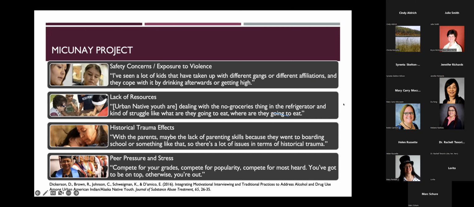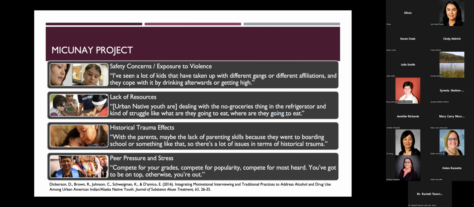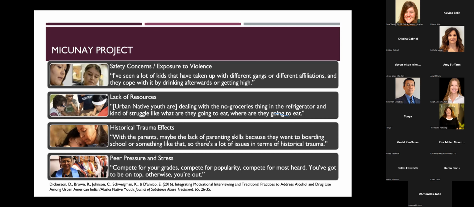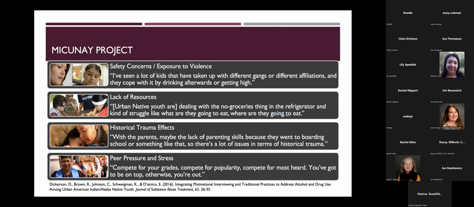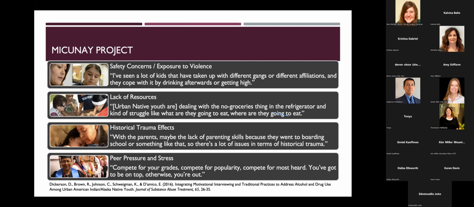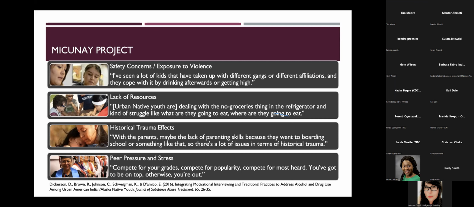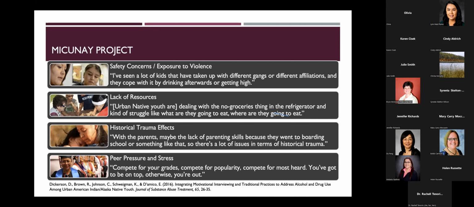And finally, the kids also reported feeling the typical pressures of school and grade concerns, stress about popularity, and also competition within their peer settings. And so this is an example of some mixed methods approaches to really try to understand and map out what are some of those stressors that urban youth are feeling and being exposed to.